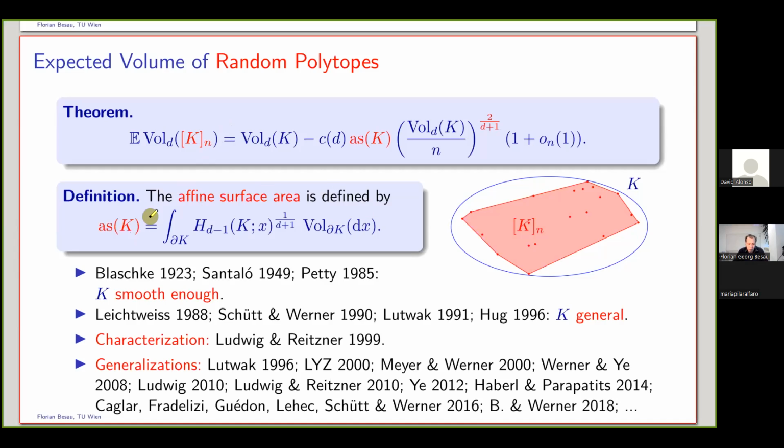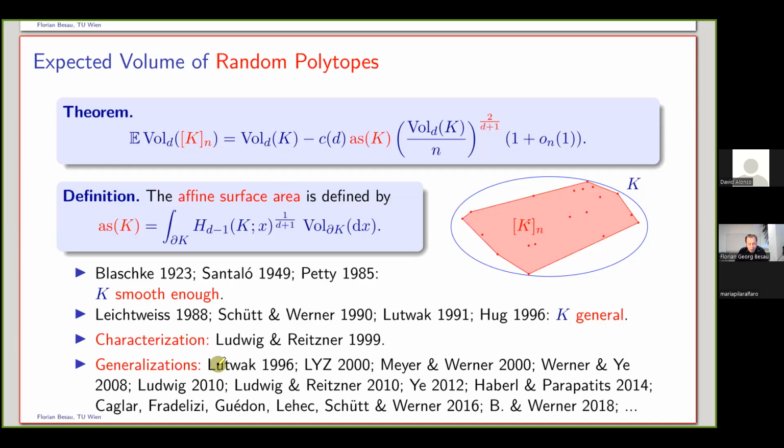It's not a measure, to be precise; it has some finite additivity property, and usually this is called a valuation. So we have this characterization of the affine surface area by Ludwig and Reitzner as an upper semi-continuous affine invariant valuation.